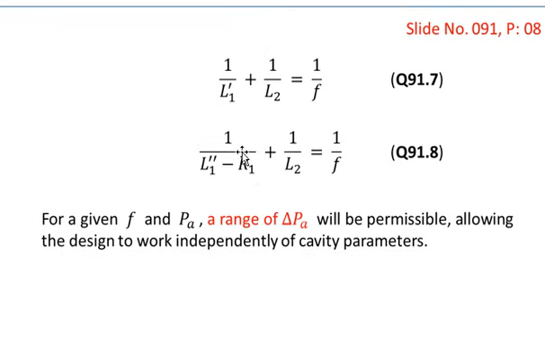The extreme case is 1 over L1 double prime minus R1 plus 1 over L2 is equal to 1 over F. So either condition 7 or condition 8 is satisfied. These provide the extreme limits, and any value of L lying between L1 prime and L2 prime can be used to satisfy this equation.